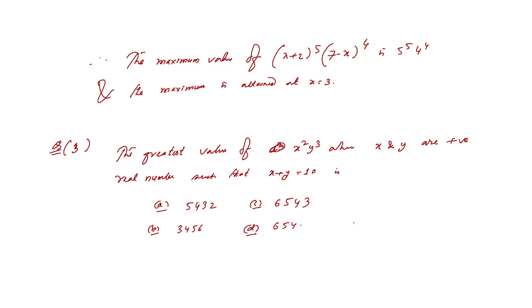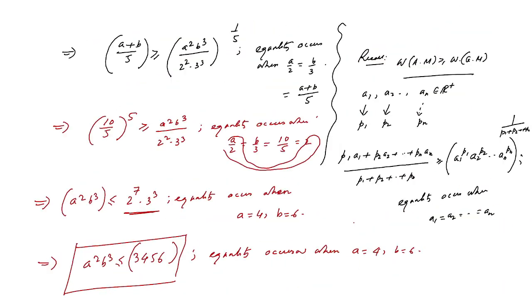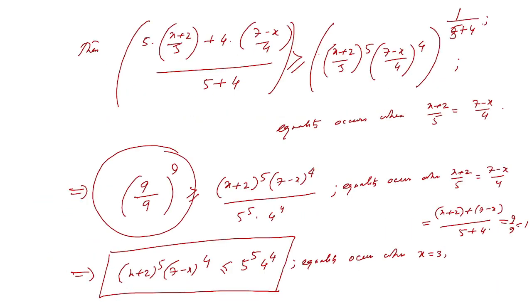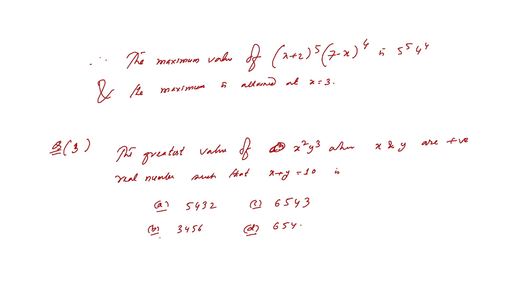So just see our first question, it is a squared b cubed. In the position of a it is written x, in the position of b it is written y. So the condition is similar, here x plus y equals 10. So our answer is 3^4 5^6, and all other answers are false.